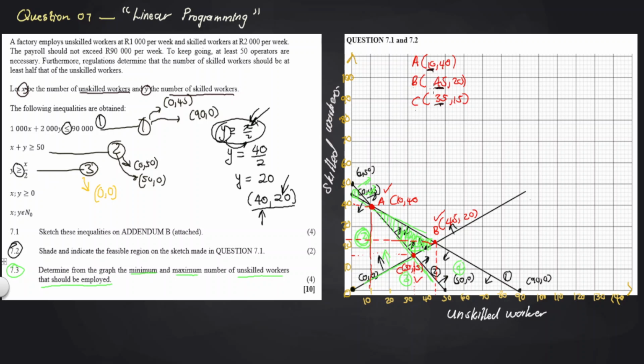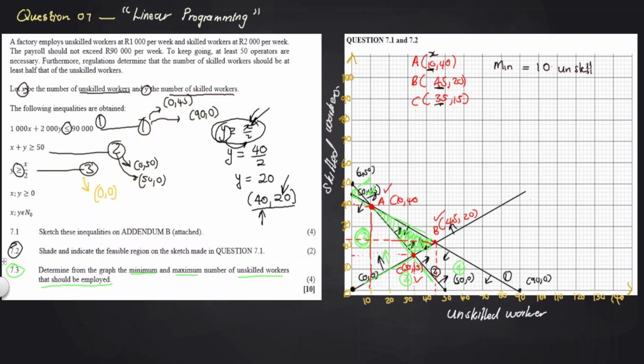Out of the three x values, which one is the minimum? 10. So I need a minimum of 10 unskilled workers.